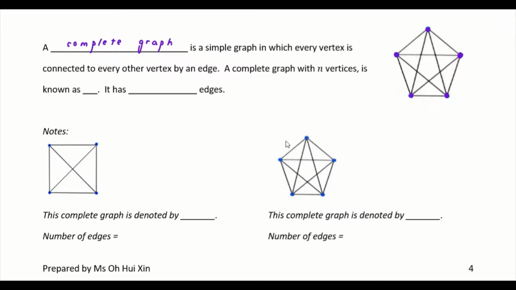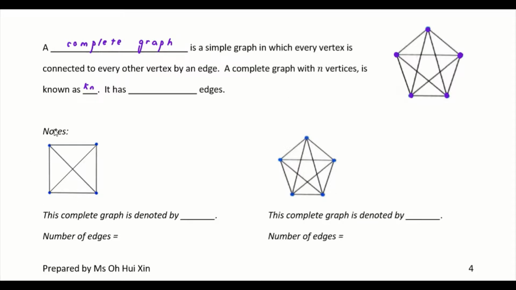There's a formula that can help us calculate, if you have a certain number of vertices in your graph, how many edges you need so that it is a complete graph. A complete graph with n vertices is known as Kn. K means complete graph, n meaning how many vertices you have.